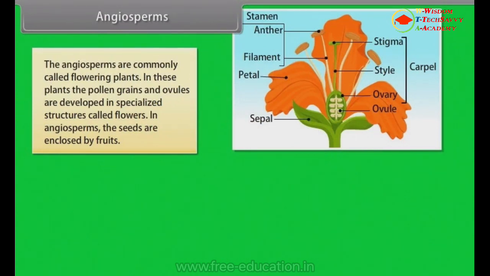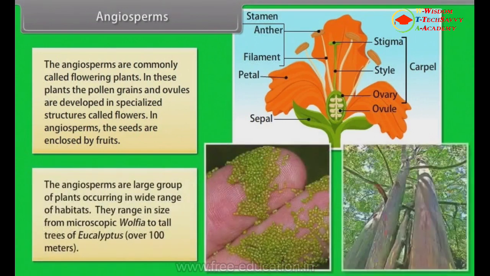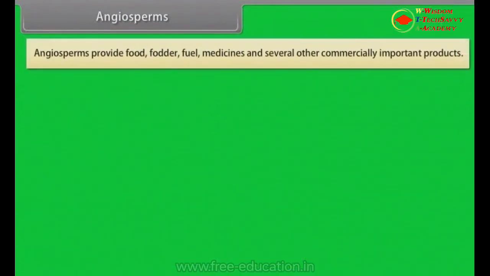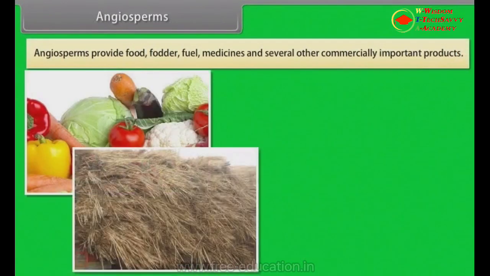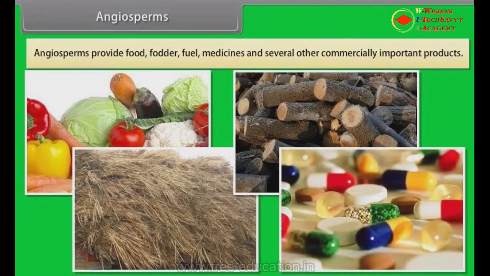In angiosperms, the seeds are enclosed by fruits. The angiosperms are a large group of plants occurring in a wide range of habitats. They range in size from microscopic Wolffia to tall trees of Eucalyptus over 100 meters. Angiosperms provide food, fodder, fuel, medicines and several other commercially important products.